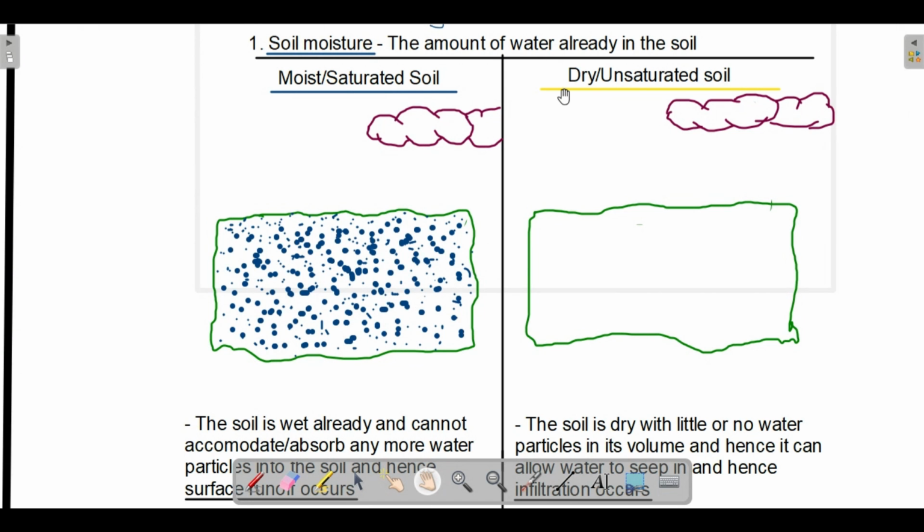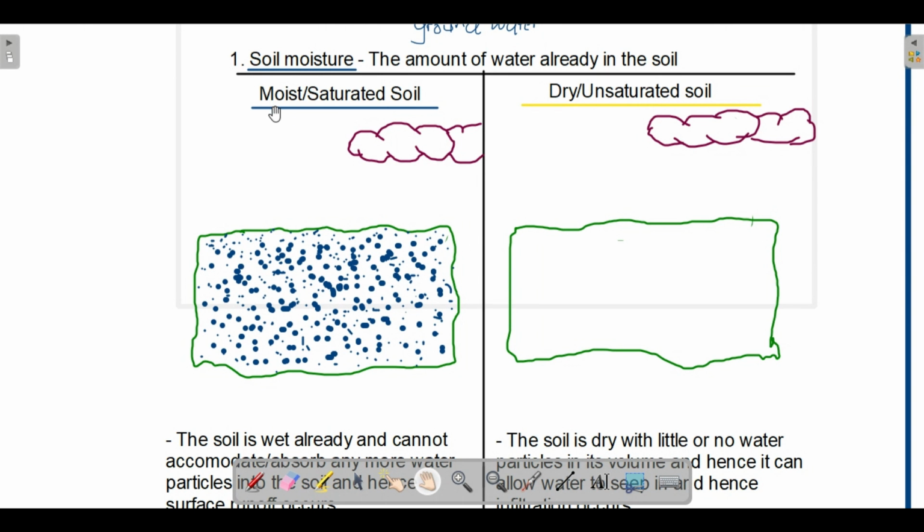Compare that to a soil that is unsaturated. When we speak of unsaturated soil, we're referring to a dry soil, soil that does not have a lot of water particles inside it, or does not have water at all. Now, the amount of soil moisture in your soil will determine whether we are going to have infiltration or surface runoff.